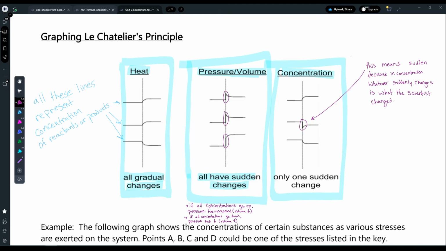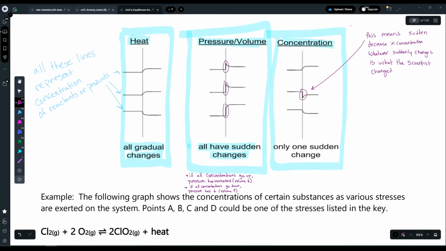And these graphs are recording the changes in concentration of the system at equilibrium before the stress is applied, when the stress is applied, and after.